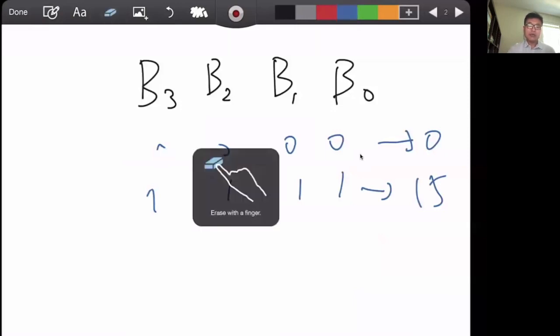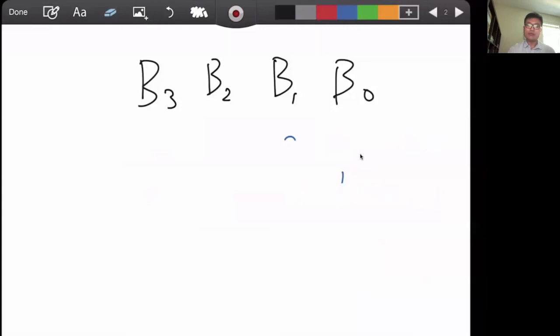Okay, so now let's look at how to use only 4 digits to represent floating point. The first idea is maybe we can split up. We imagine one virtual decimal point in this case, and we use the first digits to represent the integer part before the decimal point, and we use the rest of the digits to represent the numbers after the decimal point.